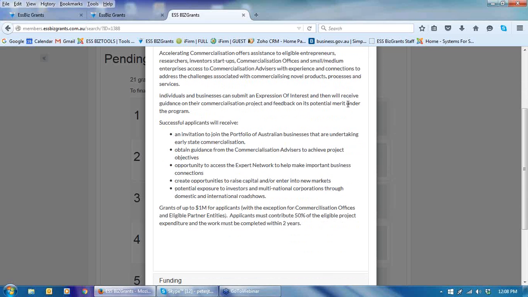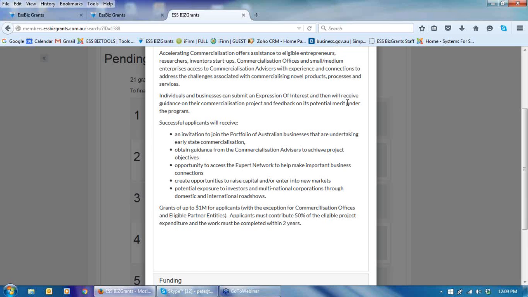Individuals and businesses can submit an application, but the condition is that if they are invited to participate in accelerating commercialization, in other words, to receive a grant, they must then incorporate a company. So the government will only fund applicants for accelerating commercialization if they have incorporated a company or have a company.